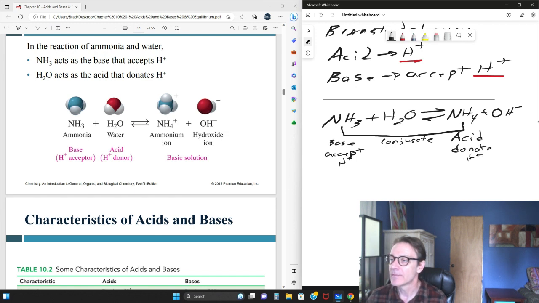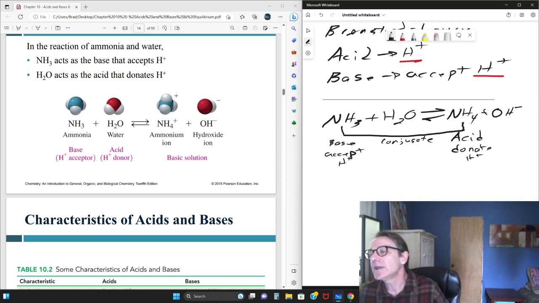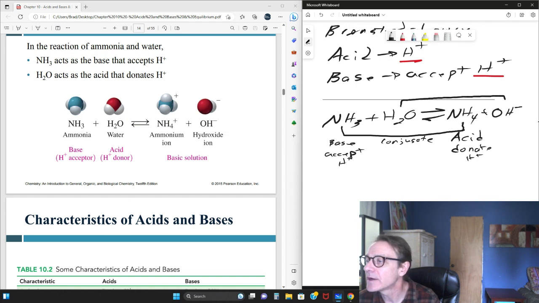Okay, so the acid and base conjugate pairs in this equation for the ammonia is NH3 is the acceptor, NH4 is the donator, and of course we have the exact same idea going on with this conjugate pair up here.